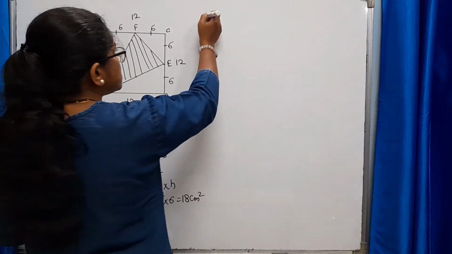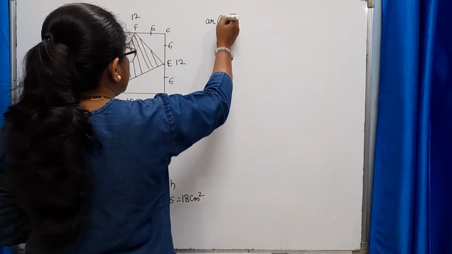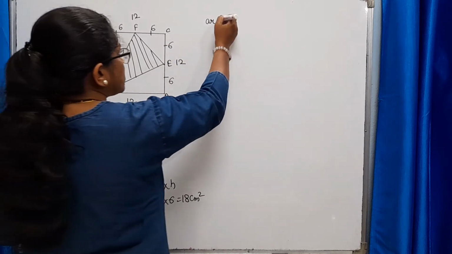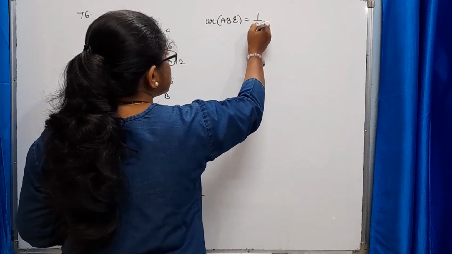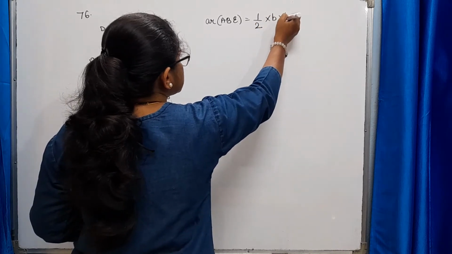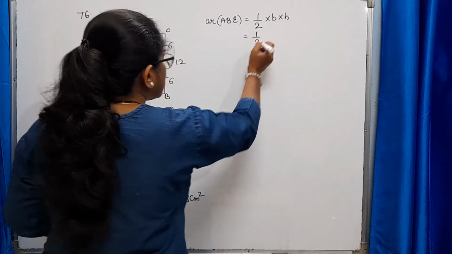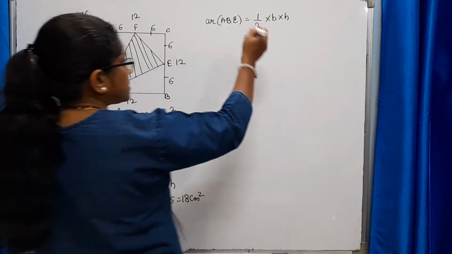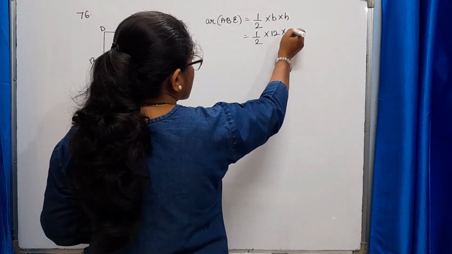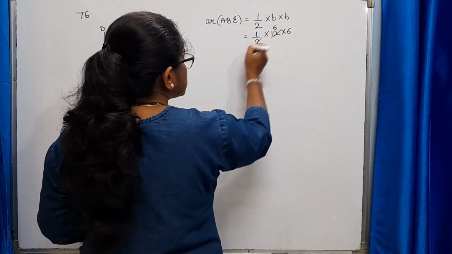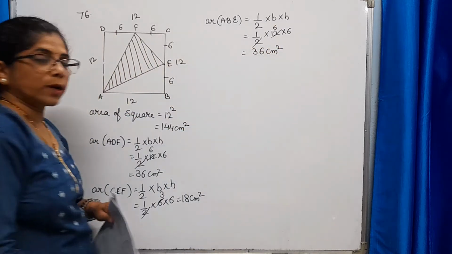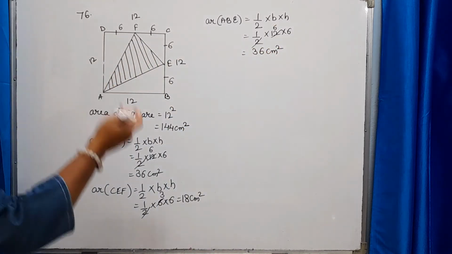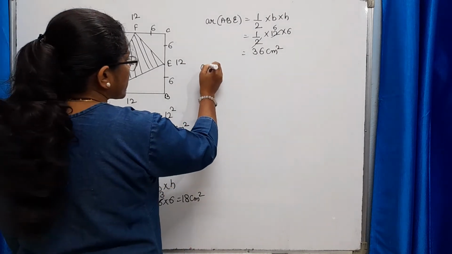Now the area of this third triangle, area of triangle ABE, again it's half into base into height. Let base be 12, height be 6. 36 centimeter square. Fine.